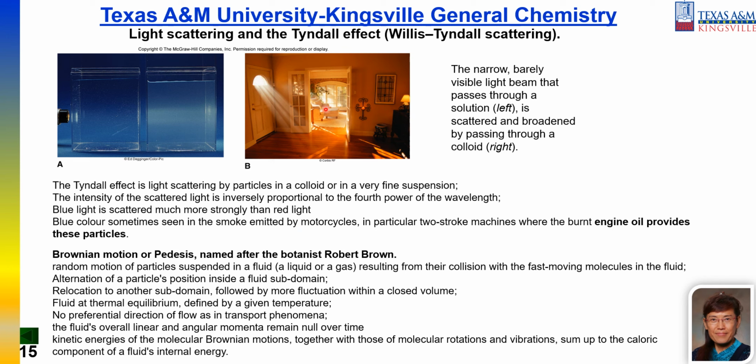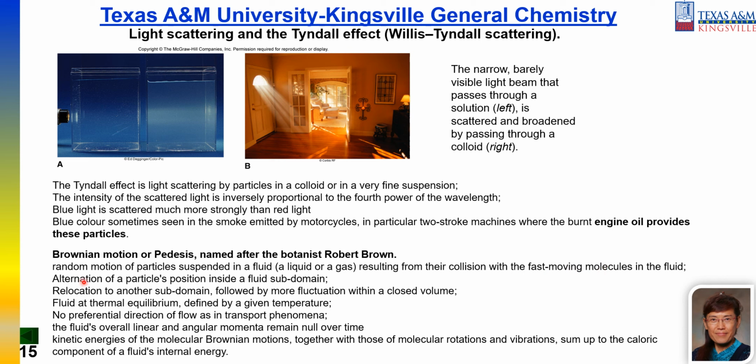The second property is called Brownian motion. Brownian motion, named after a very famous botanist, Robert Brown. Brownian motion is of a particle suspended in your fluid, resulting from their collision with the fast-moving molecules in your fluid.